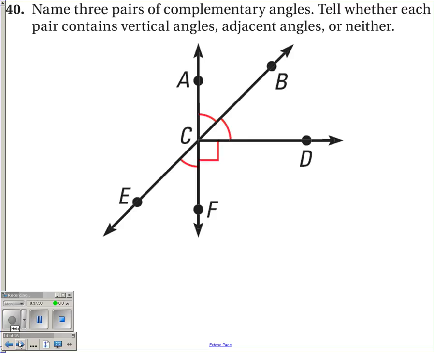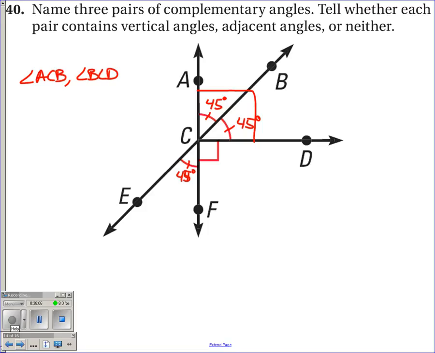Let's take a look at number 40. Name three pairs of complementary angles. Well, as we mentioned before, all three of the angles that are marked have a measure of 45 degrees. So name three pairs of complementary angles. Angles ACB and angle BCD. All right? That angle right there, that is definitely complementary.